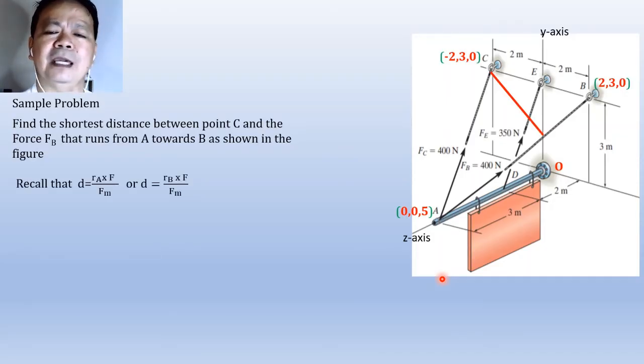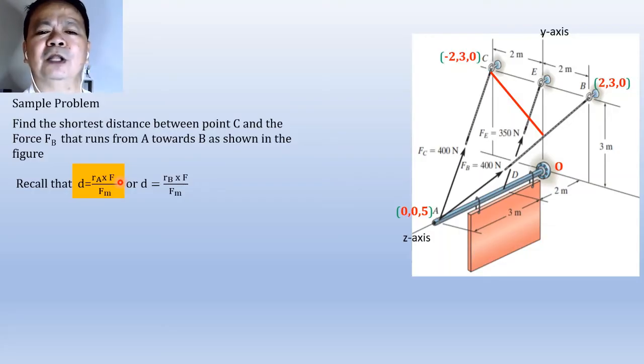And this can be taken by the formula that distance D shall be equal to the cross product, either RA cross F divided by F sub M, or RB cross F divided by F sub M. Whatever formula you use will give the same result. Therefore, we have to consider expressing the position vector of A, as well as expressing F in terms of the Cartesian vector.